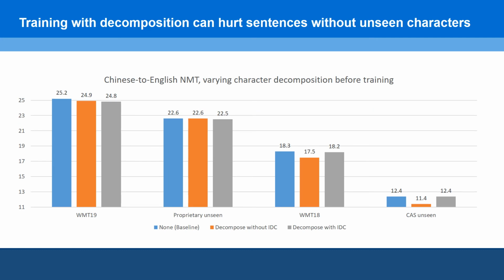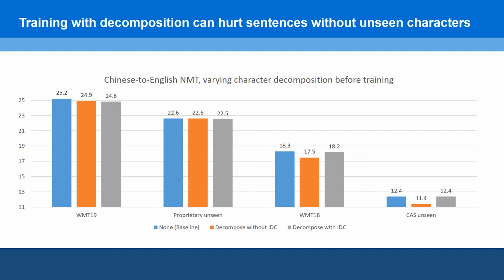So I'm first showing results for the retraining approaches, which use subcharacter decomposition when training. This slide shows Chinese to English results. We find that, as expected, unseen test set BLEU does not improve.